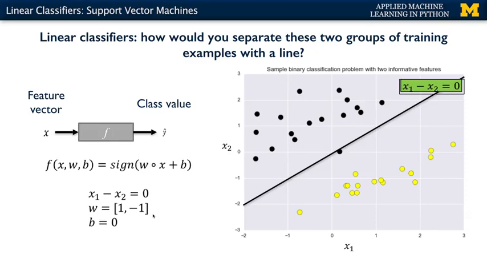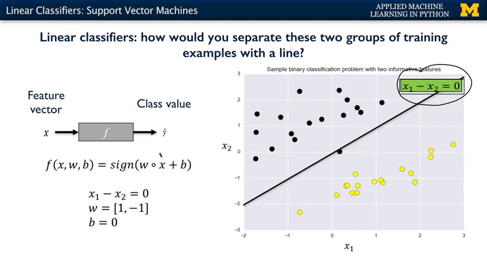So what I've done here is drawn a straight line through this space that is defined by the equation x1 minus x2 equals 0. In other words, every point on this line satisfies this equation. So you can see, for example, that x1 equals -1 and x2 equals -1, and if you subtract them, you get 0. Essentially, it's just the line that represents all the points where x1 and x2 are equal.